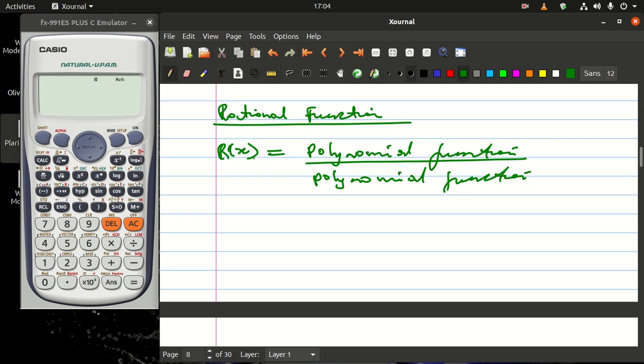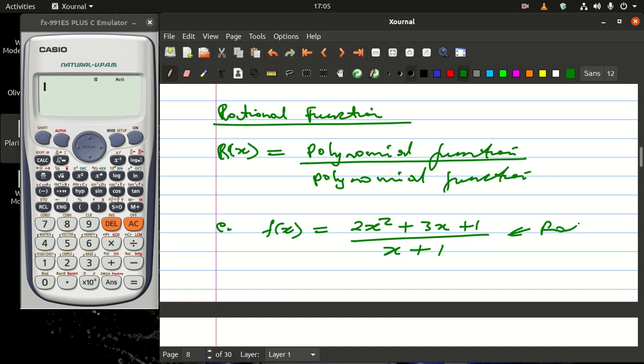A rational function is a fraction whereby the numerator is a polynomial function and the denominator is a polynomial function. Simple as that. Just the division. Examples of this: if I have f of x is equal to 2x squared plus 3x plus 1 all over x plus 1, this is a polynomial, that is a polynomial, so this is a rational function.